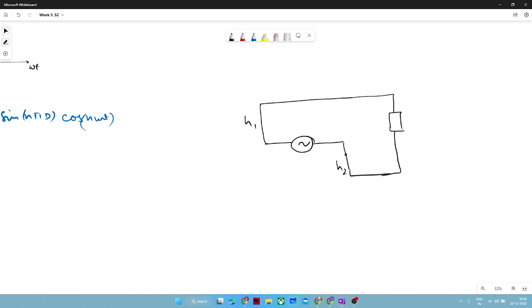When H1 is conducting and H2 is conducting, you will get V naught equal to H1 Vs, or Vm sin omega t, or it is equivalent to H2 into Vm sin omega t.